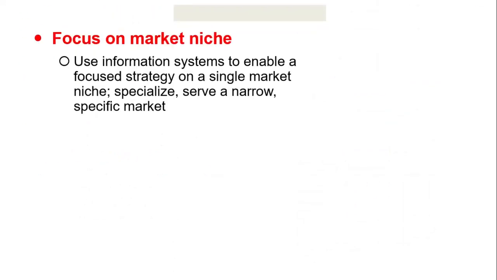A third example is focus on a market niche, where we just focus on a type of customers who have maybe a luxury lifestyle. For example, if you sell Rolex online, not everybody would be interested in Rolex because it's an expensive brand, though it's a high quality brand. If you go online and try to find a tailored suit, there are specific Italian brands that you can deal with online.